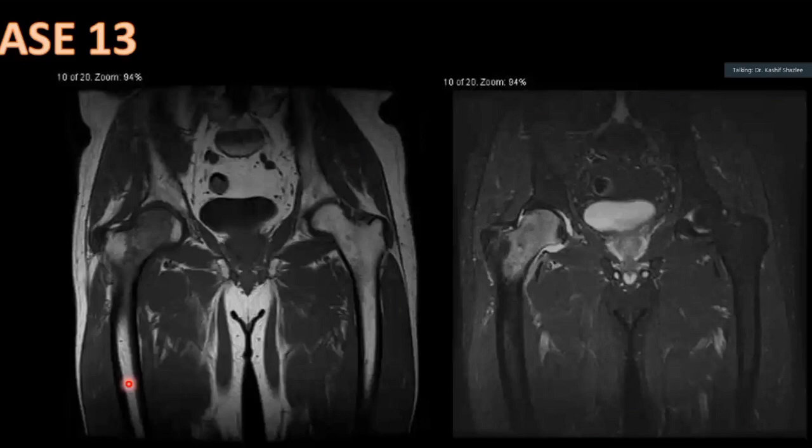So we can see here that there is abnormal signal intensity in the subarticular location of the right proximal femur, which is extending into its neck and the proximal diaphysis. So there is no irregularity of the contour of the femoral head, no underlying fissure, and there is minimal or mild joint effusion.